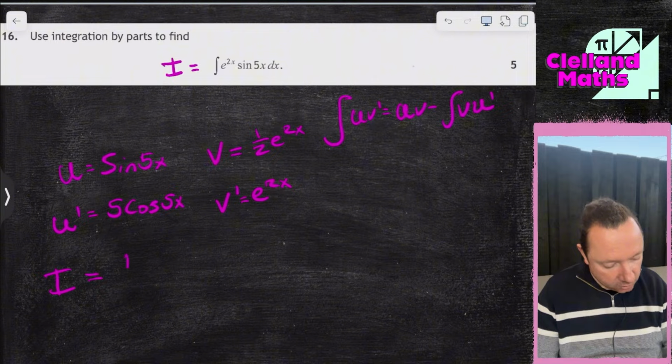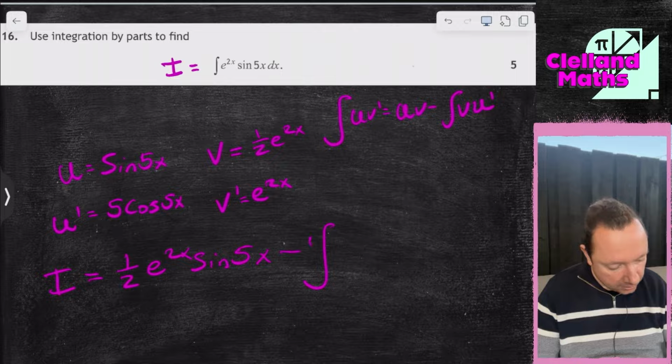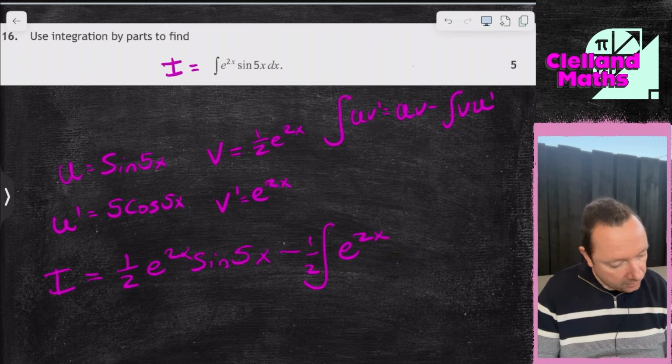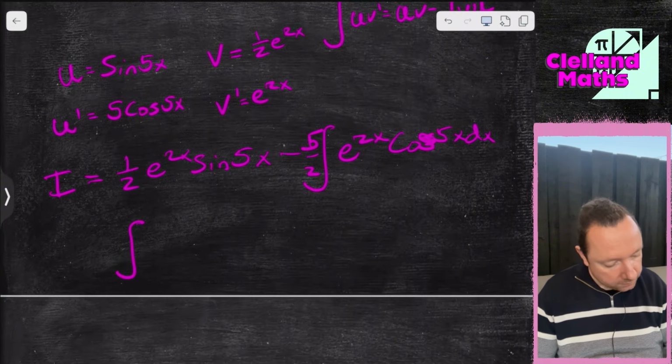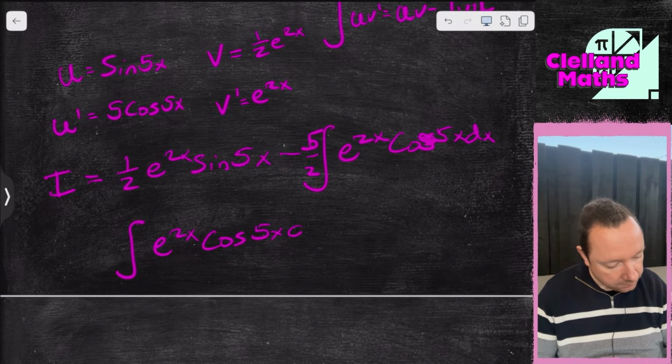So that's a half e to the 2x sine 5x minus the integral of v, which is a half I can take outside, e to the 2x, and then u dash, which is 5, so I'll take the 5 out as well, cos 5x dx.